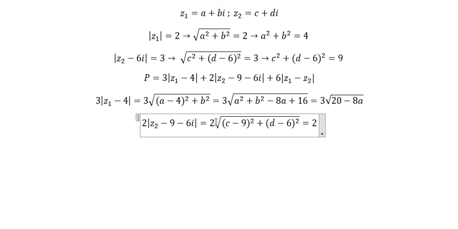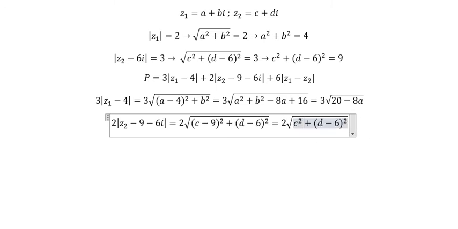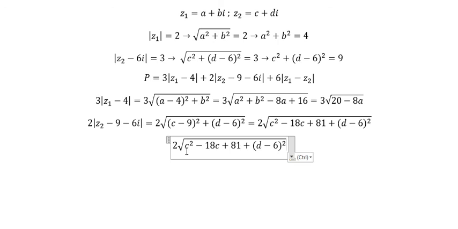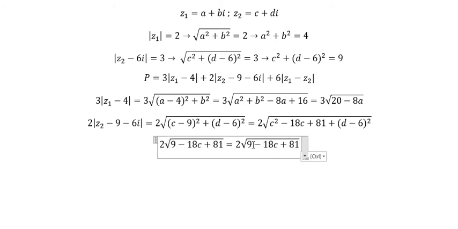So we just expand this one, and you will get c square plus d minus 6 everything to the power of 2, minus 18c plus 81. That's 9. So you got 2 multiplied with the square root of 90 minus 18c.